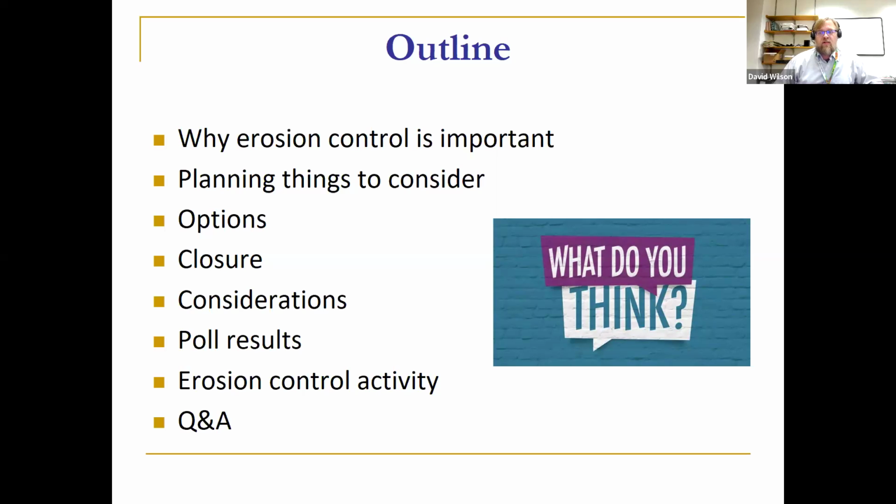We'll have a poll result from the initial poll you took on the way in, asking what some of your favorite erosion control structures, practices are. And then we'll have an erosion control activity at the end where you all will get to design some erosion control for a real site on the Cloquet Forestry Center. And we'll have some question and answer about that to see what everyone came up with. So next slide.